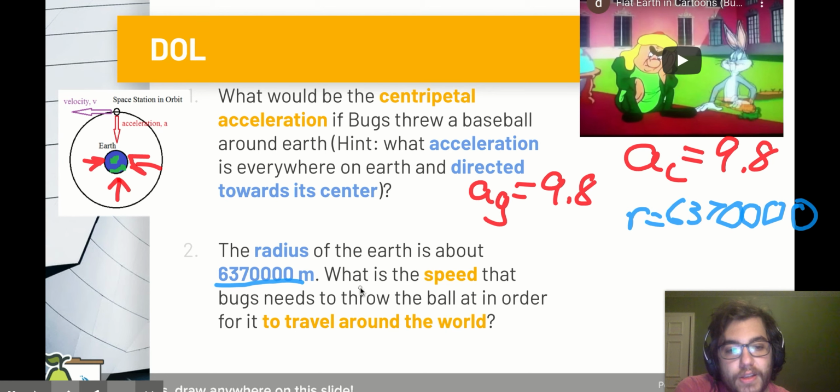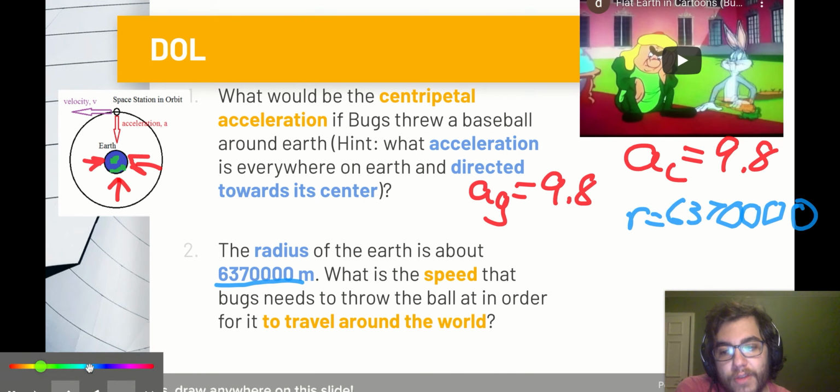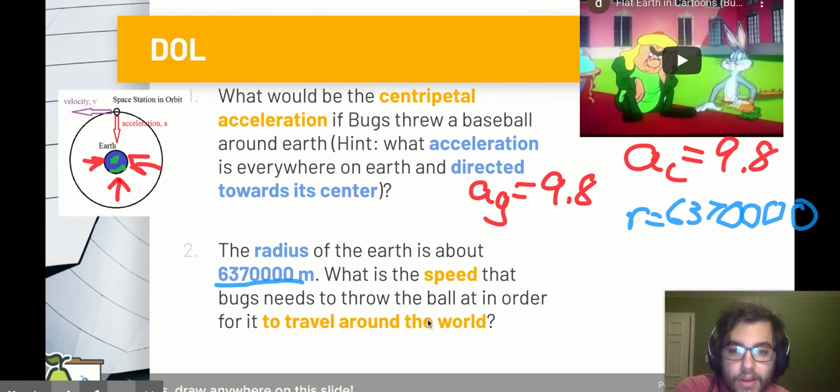What is the speed that Bugs needs to throw the ball at in order for it to travel around the world? So if you were to throw it any slower than the speed that we're solving for, it would not make it all the way around and would in fact come back down somewhere on Earth before it reached Bugs.